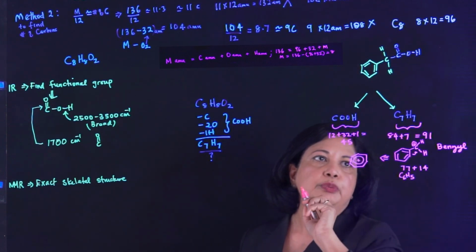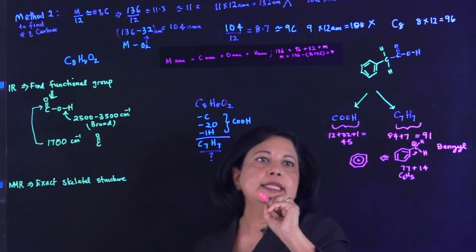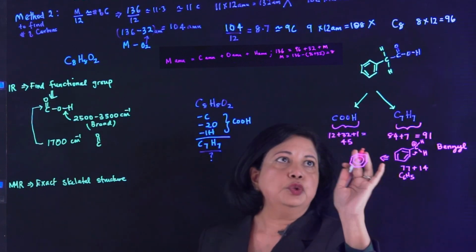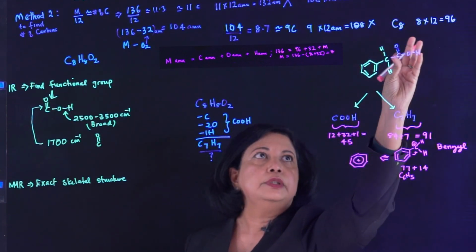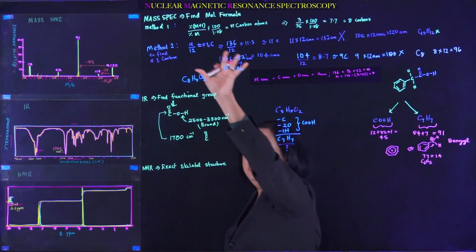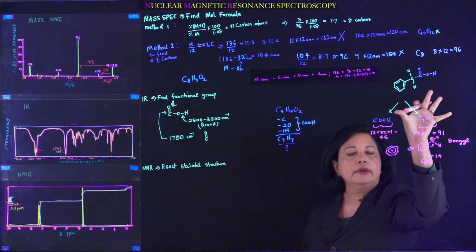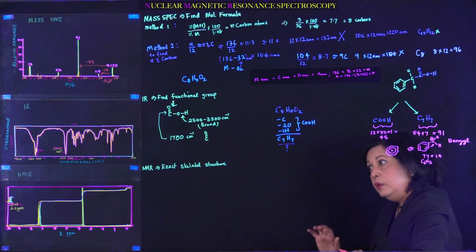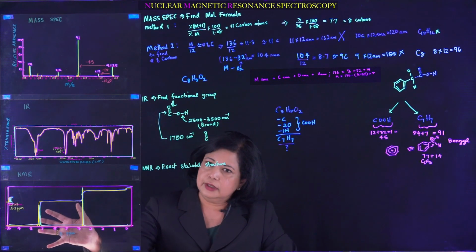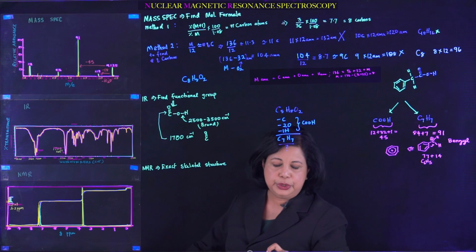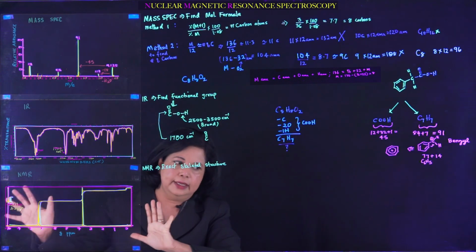And that is going to be your C7H7. So we have two pieces and we have put them together. And just from the mass spec and the infrared, we have come to this conclusion. We also have more information that's going to confirm that. Let's see if that's true. Let's tabulate this data here.